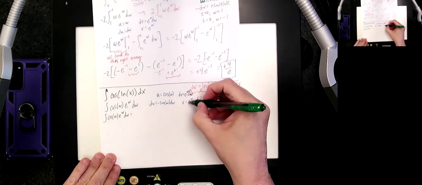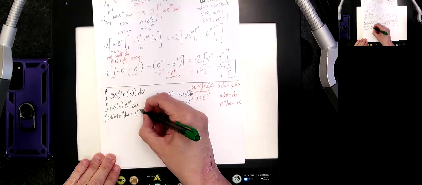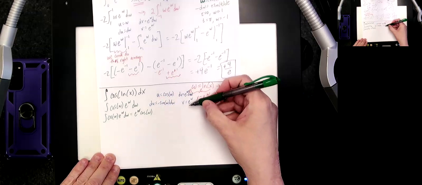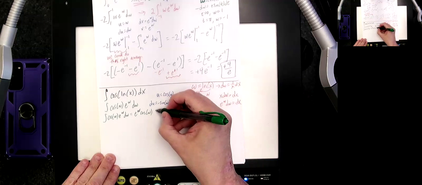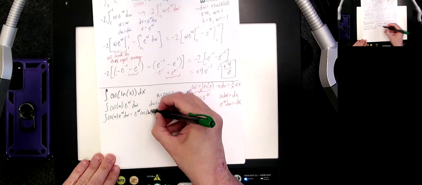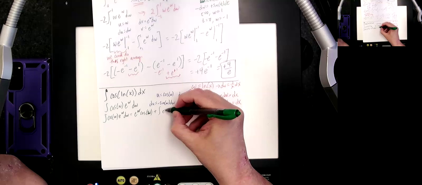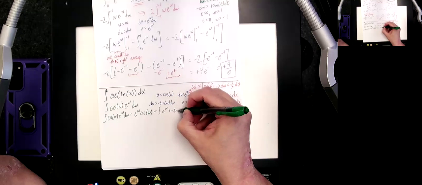We've got uv is e to the w cosine w, minus the integral of v du. There's two minuses, so it's going to turn into a plus, e to the w sine of w dw.